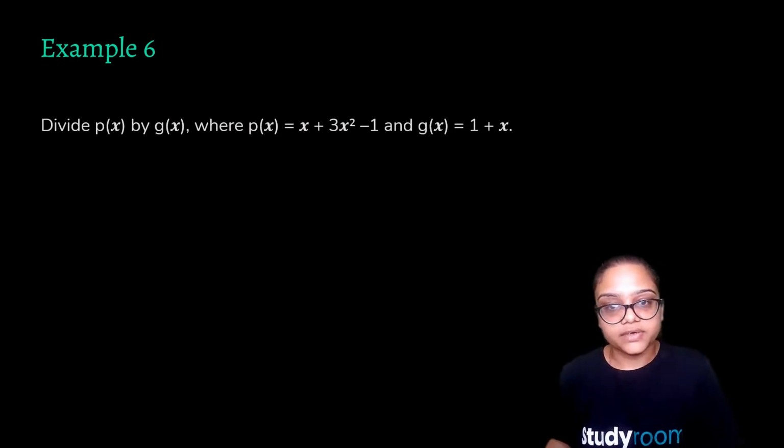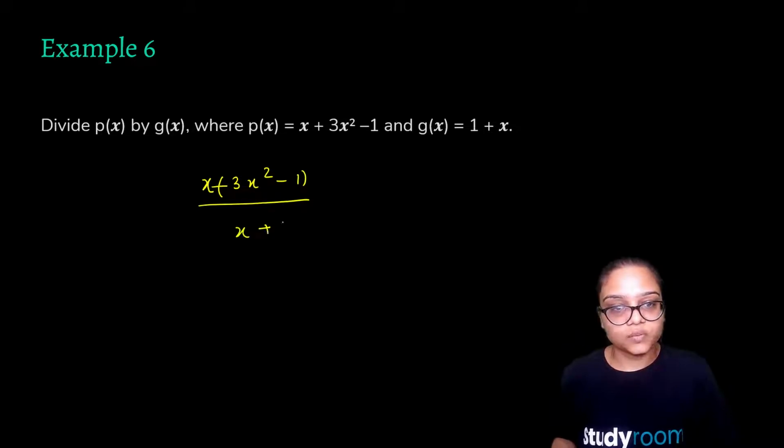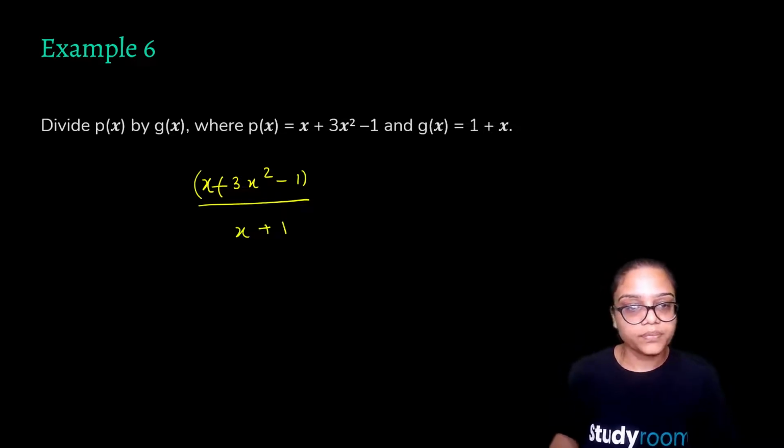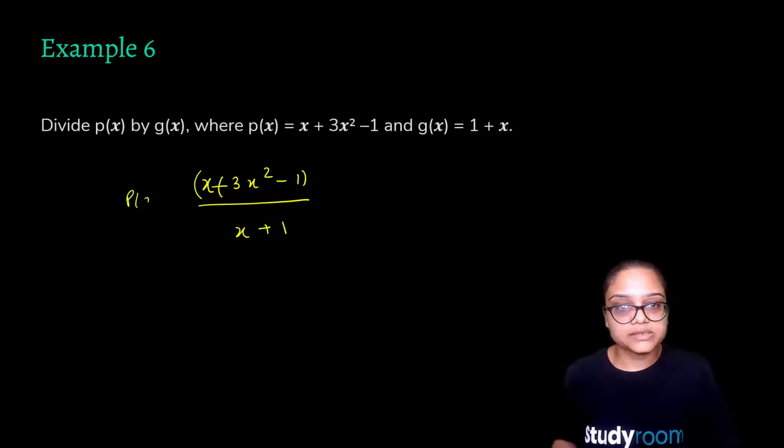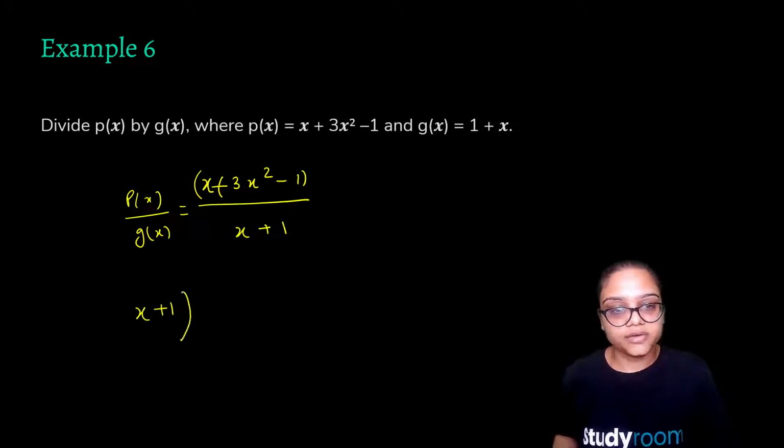So we have the dividend and divisor. 3x square minus 1 should be divided by x plus 1. So this is p(x) divided by g(x). How can we divide it? We can use the simple division rule.